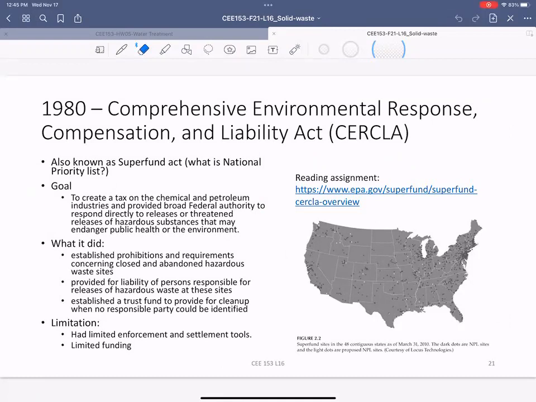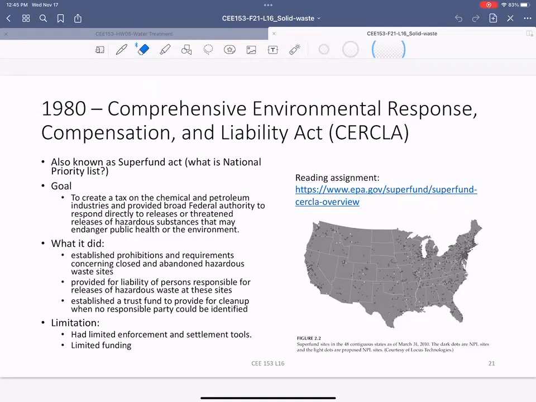What it does is make every owner who used that site liable, even though you are not the active owner right now. Not only that, it gives you a mechanism for compensation. Every time you drive a car, you pay some tax on the gasoline, and that goes to this fund, which pays for cleaning up all the bad sites that people left over.